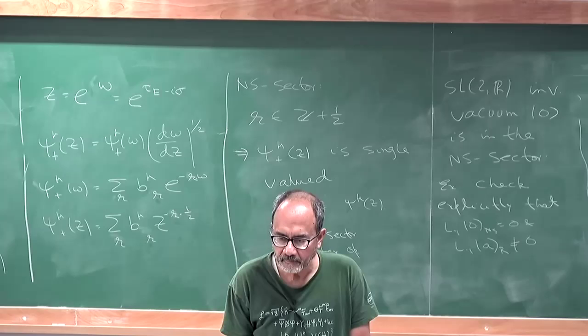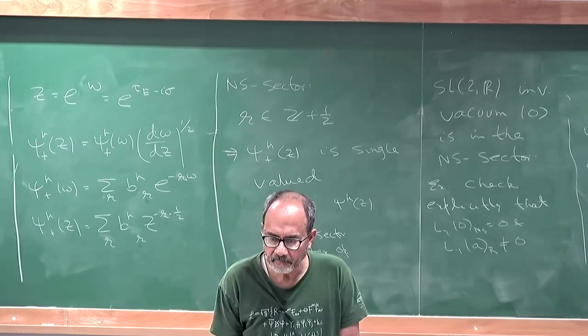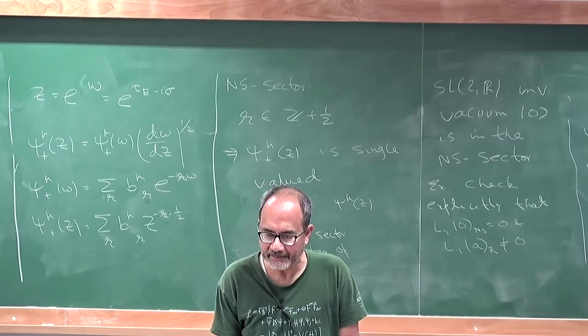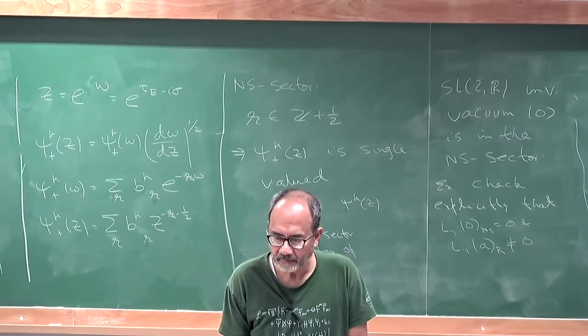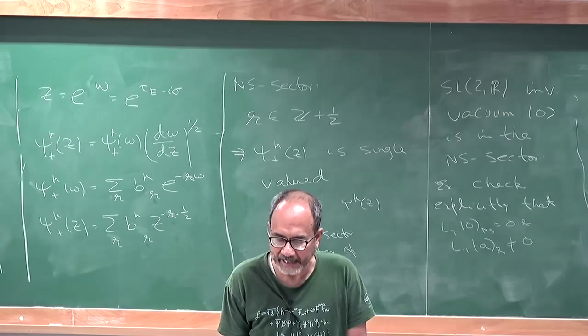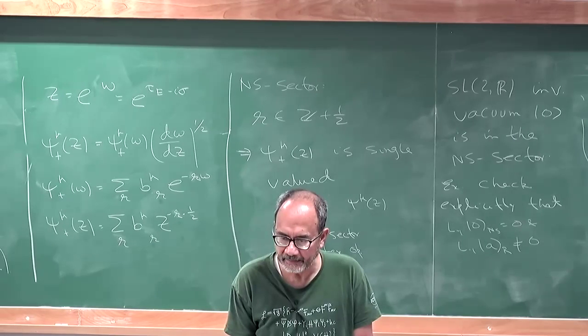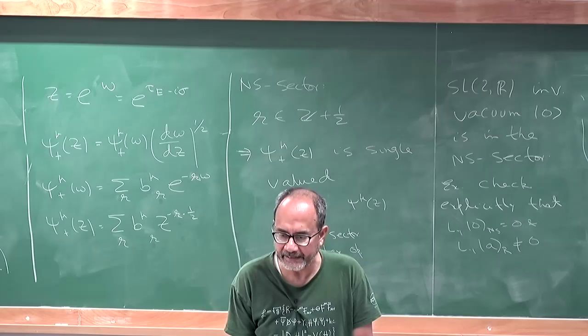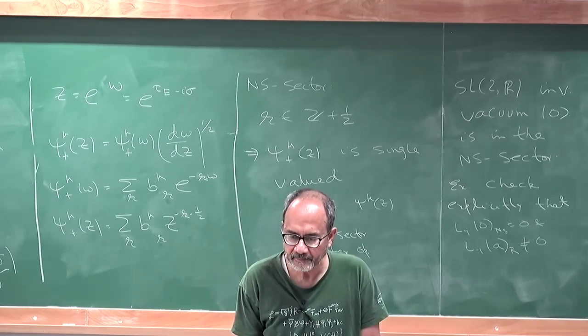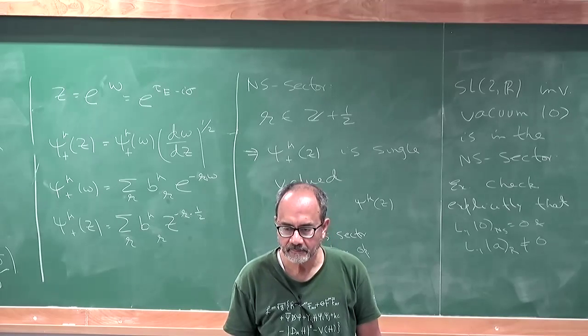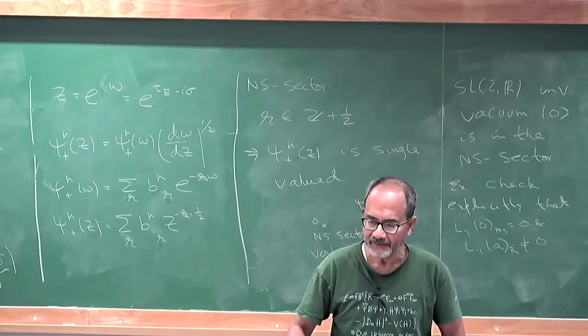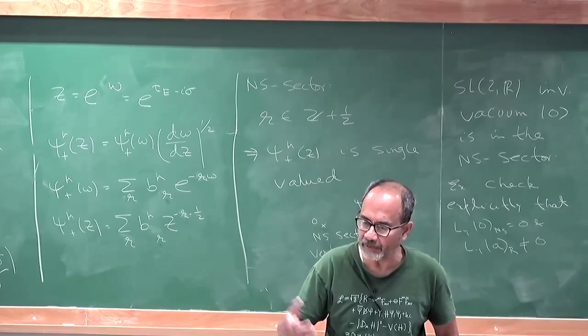But the NS sector field should have integer moding. Integer moding of what? Psi. But that is not measured in the conformal way. Conformality is measured by T, right? And it's an interacting theory, so the conformal dimensions just don't add.